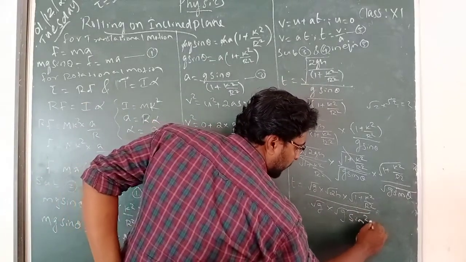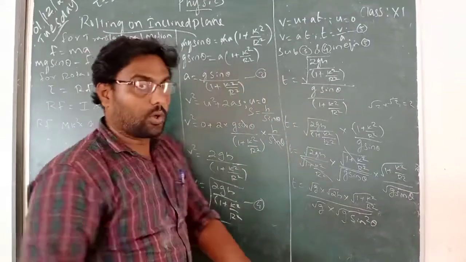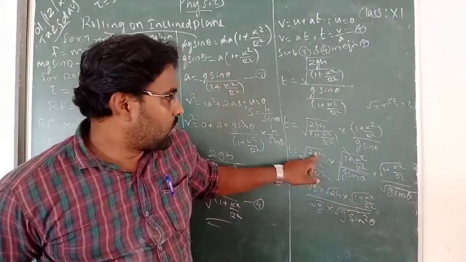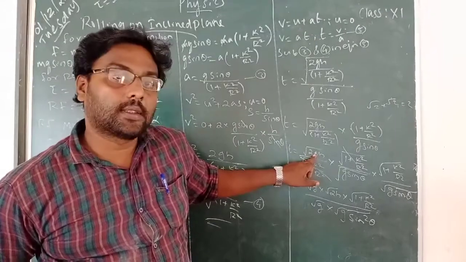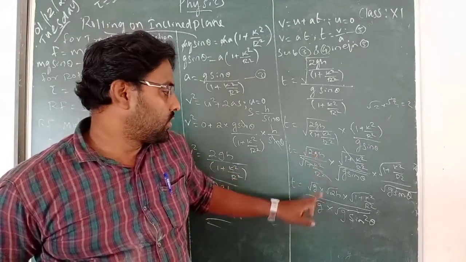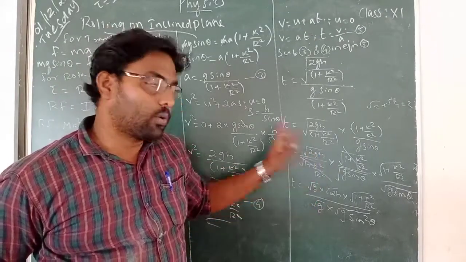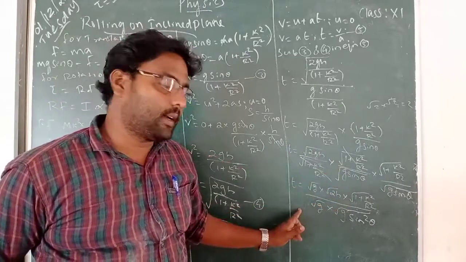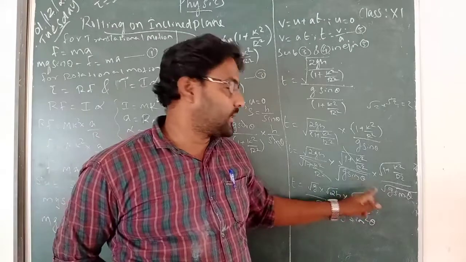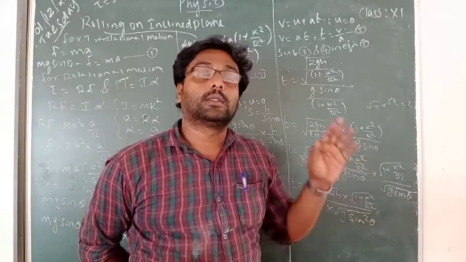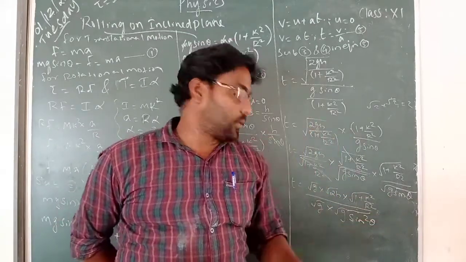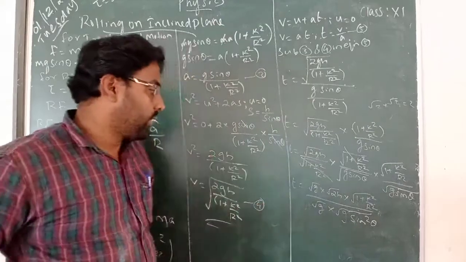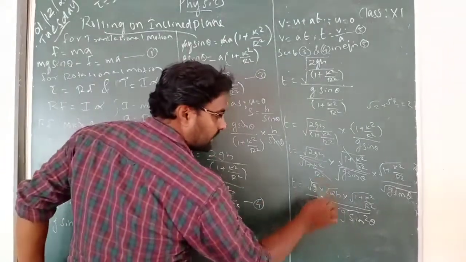sin square theta. So here one root g is there. We need to cancel this root g. So I have taken this root g outside, and from here also I have taken root g outside. So inside, sin into sin is sin square theta. So you can cancel this root g.